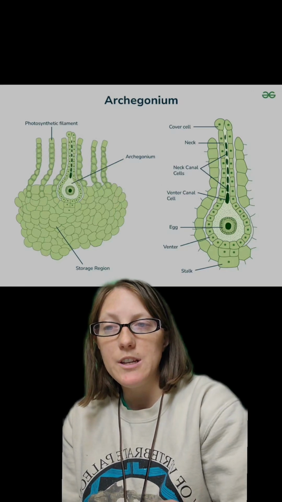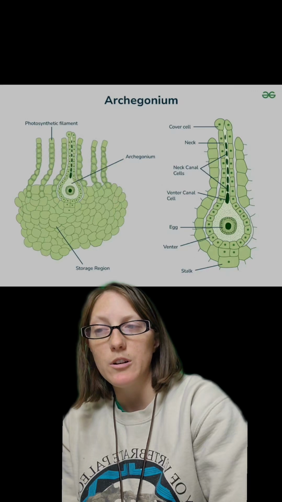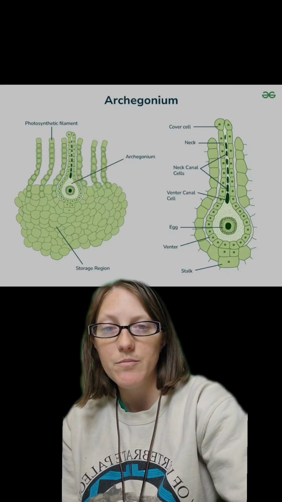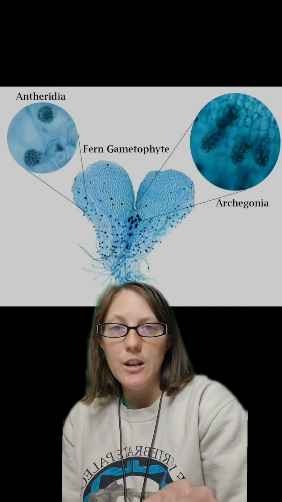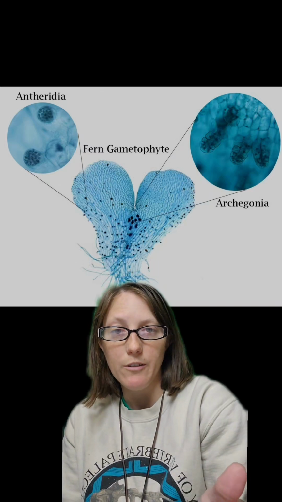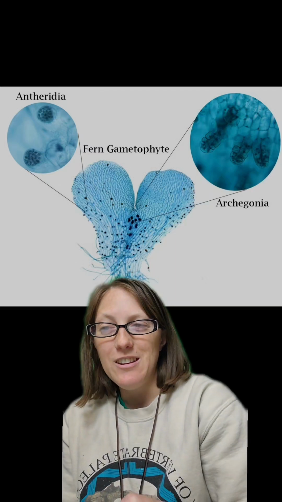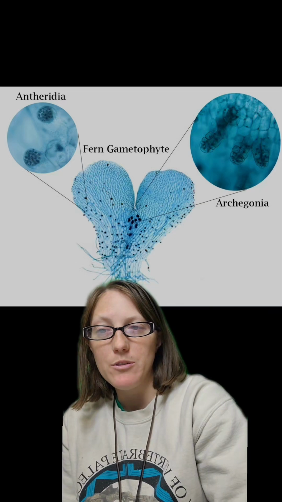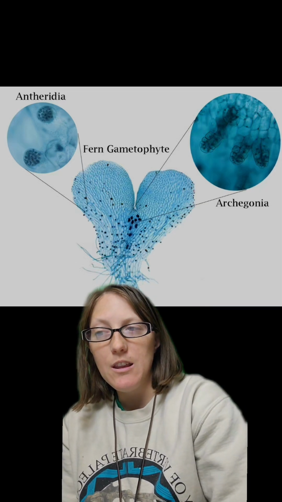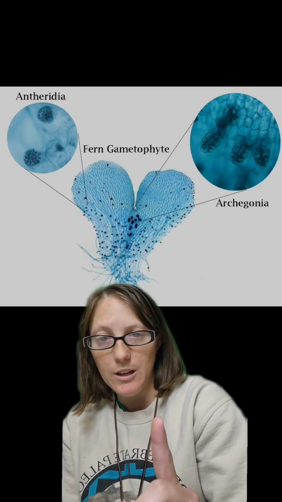Whereas the type of gametangium that produces the sperm is called an antheridium. So here is both of those for a fern. Exciting, right? Now, while an antheridium may produce many sperm cells, the archegonium contains only one egg cell.